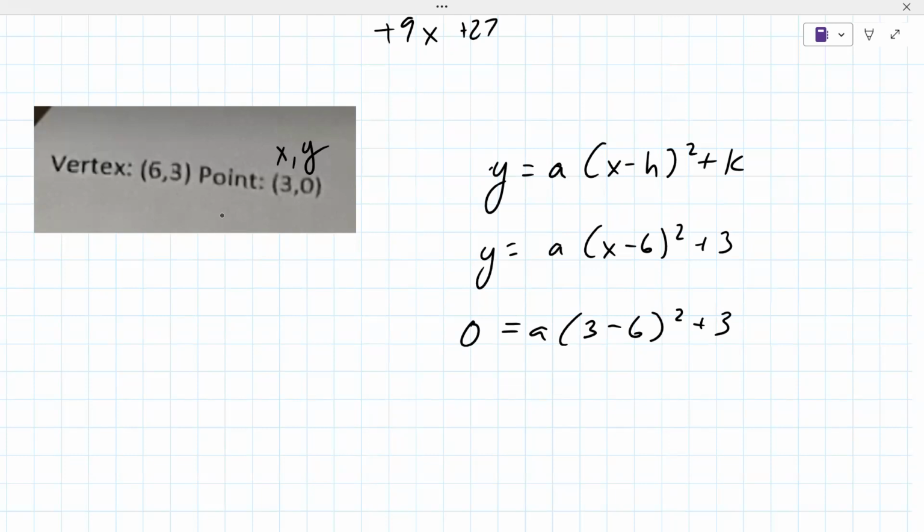A equals -1/3. Yeah, so it's minus 3 equals a times minus 3 squared, which is 9. So a equals minus 3 over 9, which is -1/3.